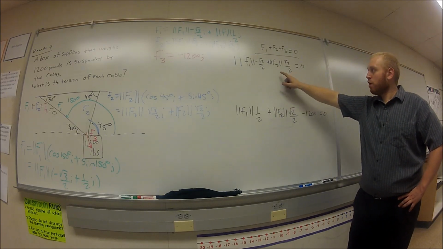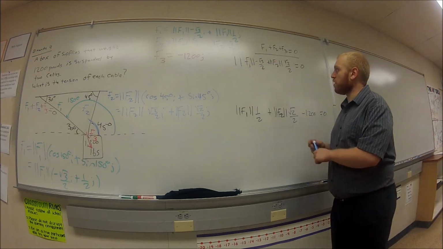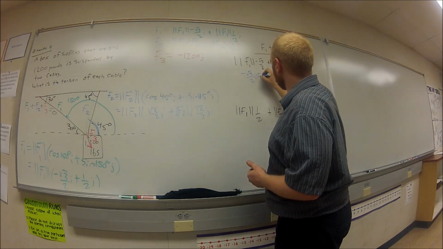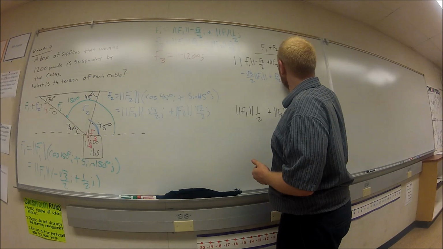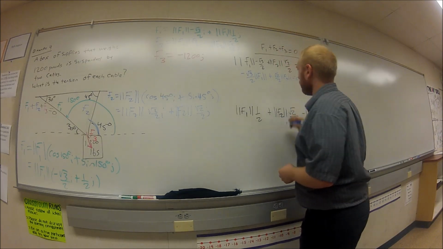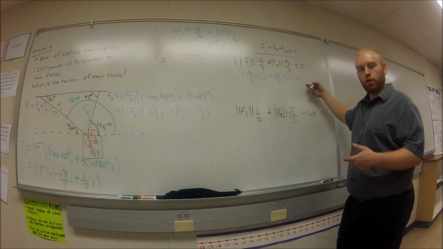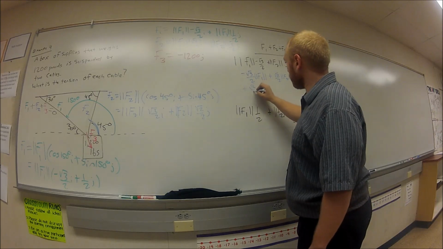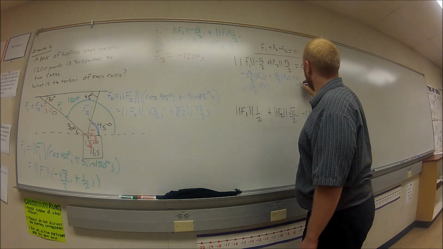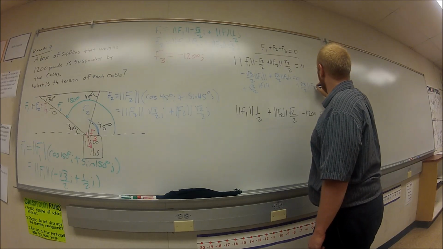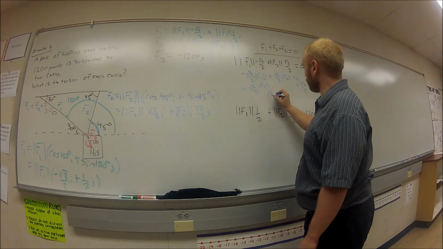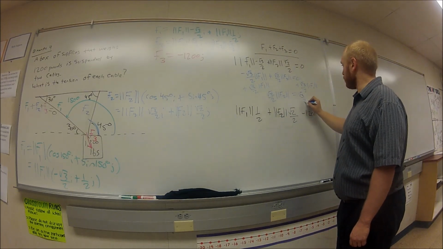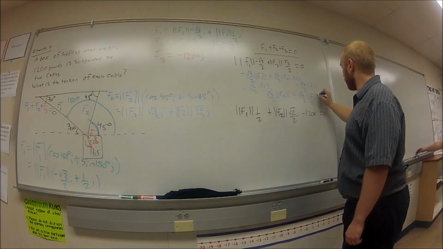Now here's what I'm thinking. When you multiply this out and simplify just a tiny bit, this would be negative root 3 over 2 times force 1 plus root 2 over 2 times force 2 equals 0. I'm thinking if I can add this guy over and then multiply, I have force 1 all by himself. So let's do that. We have root 2 over 2 times the magnitude of force 2 equals root 3 over 2 times the magnitude of force 1.